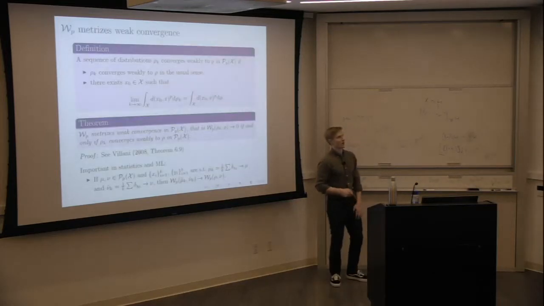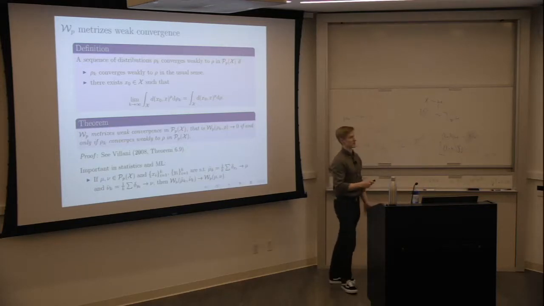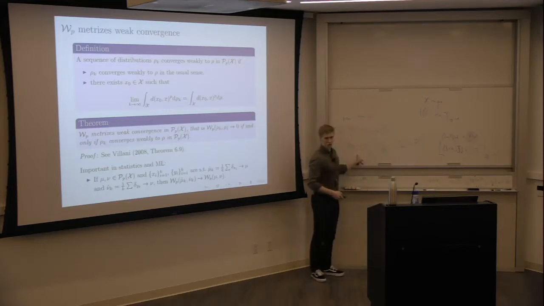All right. Another important property, at least for statisticians, is that the Wasserstein distance metrizes weak convergence. Remember we defined weak convergence earlier? The Wasserstein distance gives you a metric to capture this notion of convergence with an additional constraint.